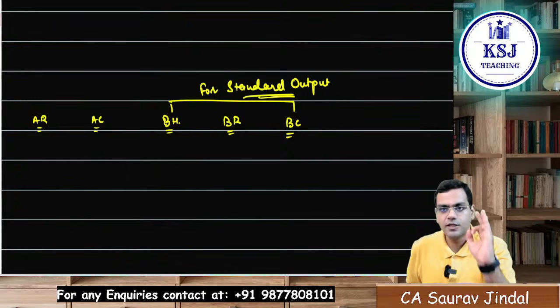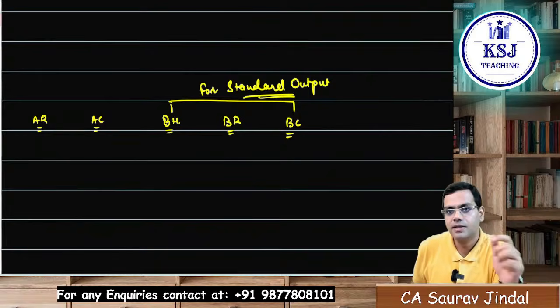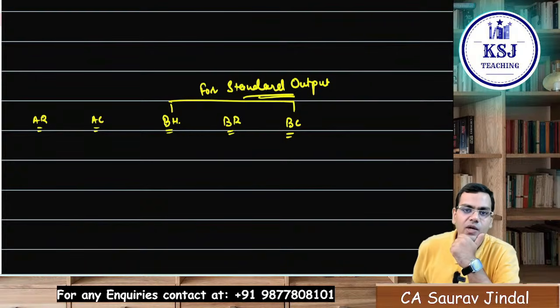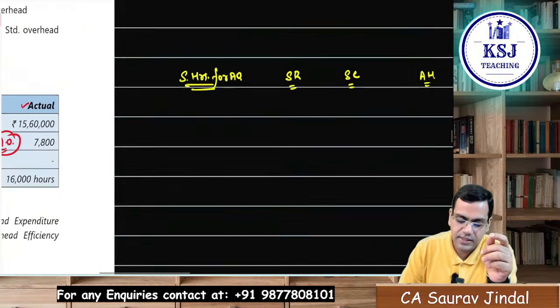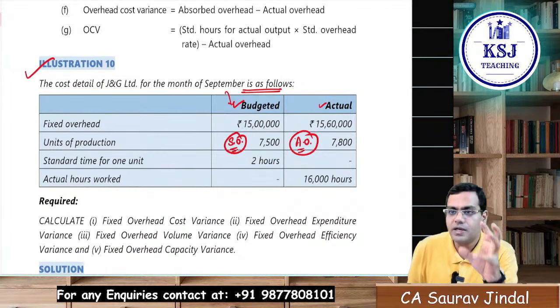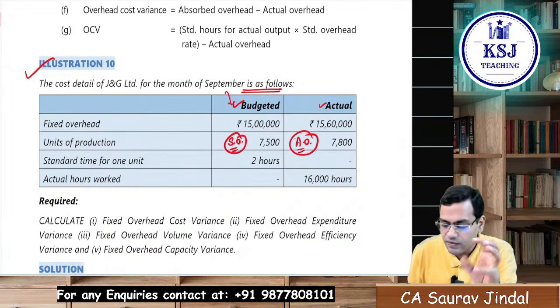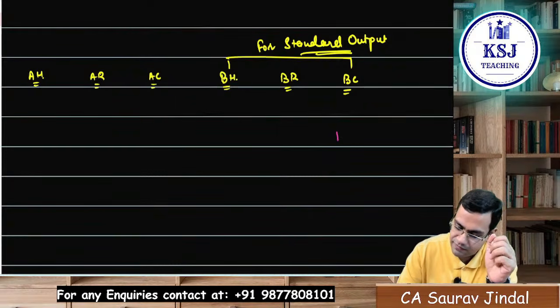The first thing that you have to do, in most of the cases, is start with the budgeted data. So what is there for the budgeted data? We will focus here. What information is there? Budgeted overheads is 15 lakhs. So I can easily write here 15 lakh rupees, right?